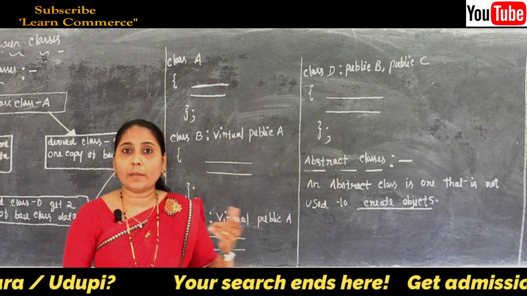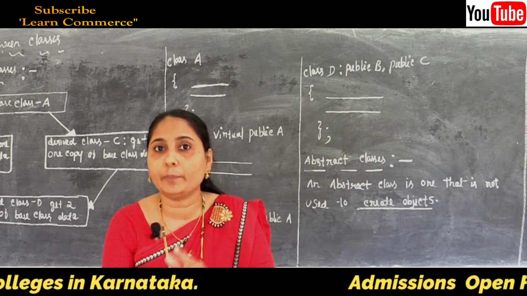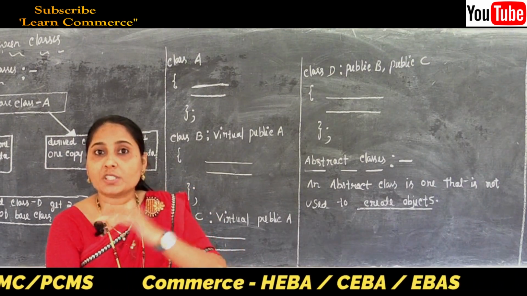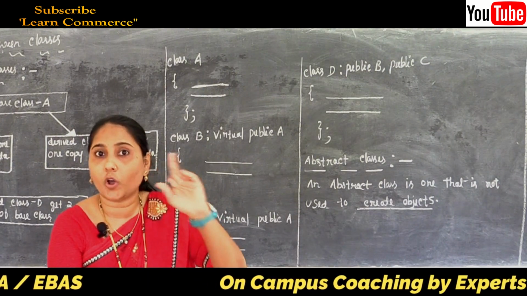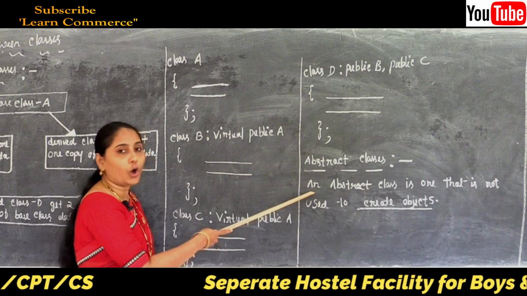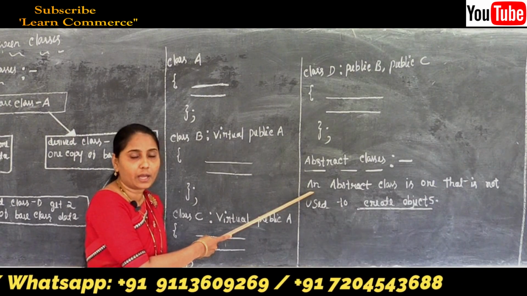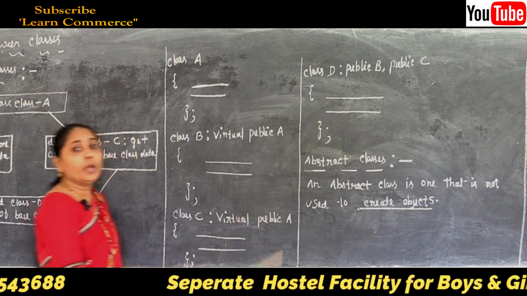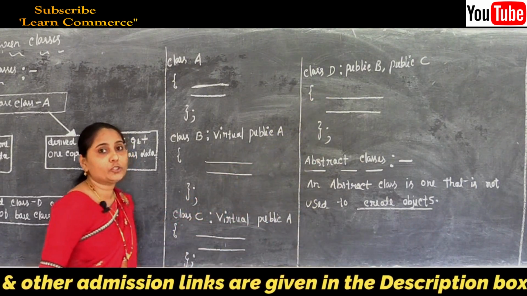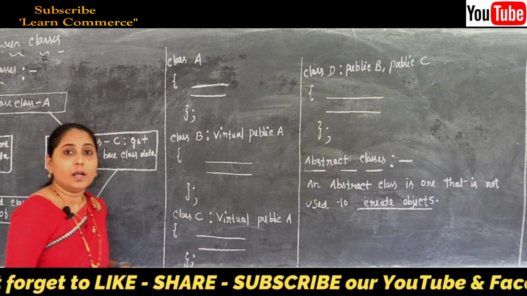The base class name was ABC and the derived class name was XYZ, but after void main, while creating the object, I used the derived class name XYZ and not the base class name. So whatever object I want to declare, I declare it by using the derived class, not the base class.